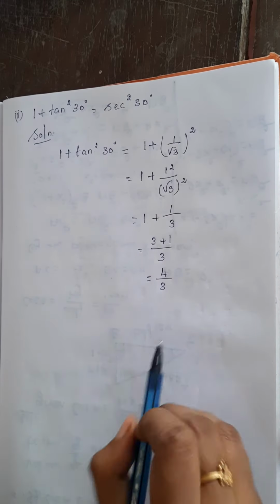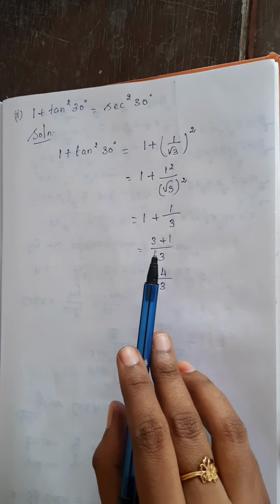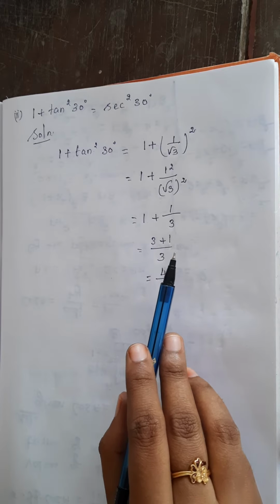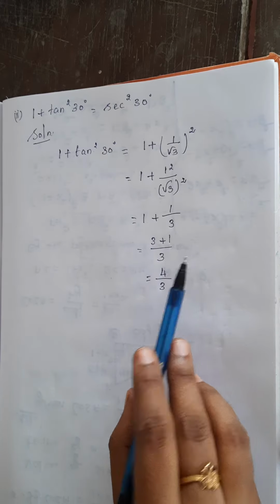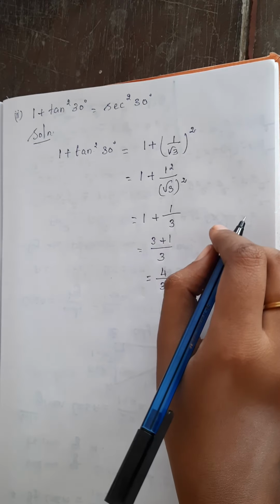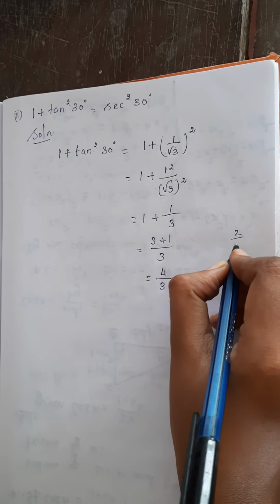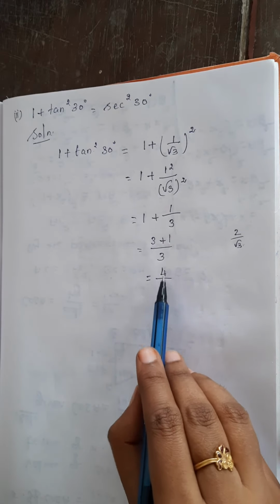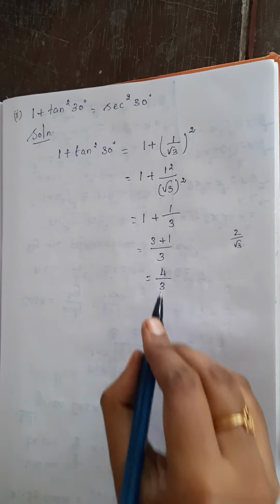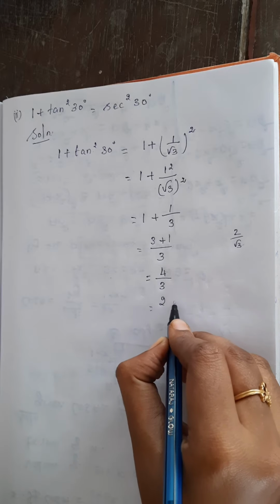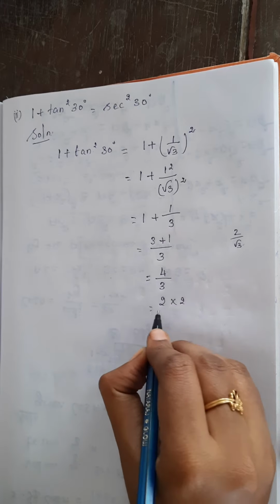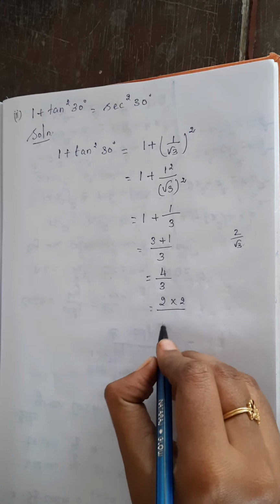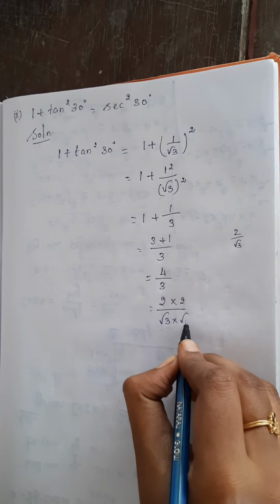Can you prove that 4 by 3 is secant square 30 degree? No. Actually secant 30 degree value is 2 by root 3. Look at the answers are related. We are going to split the 4 by 3 as 2 into 2. 4 as 2 into 2. 3 as root 3 into root 3.